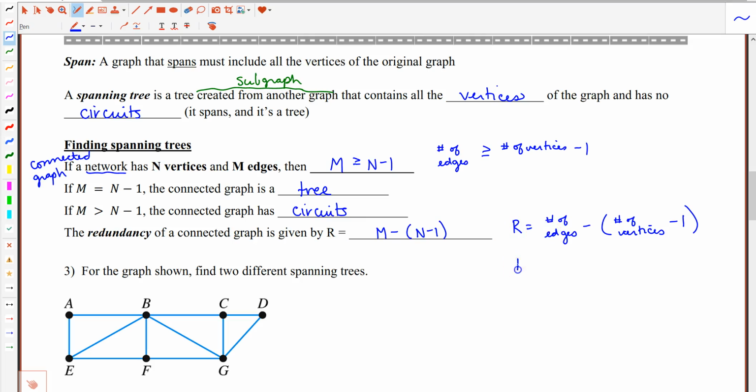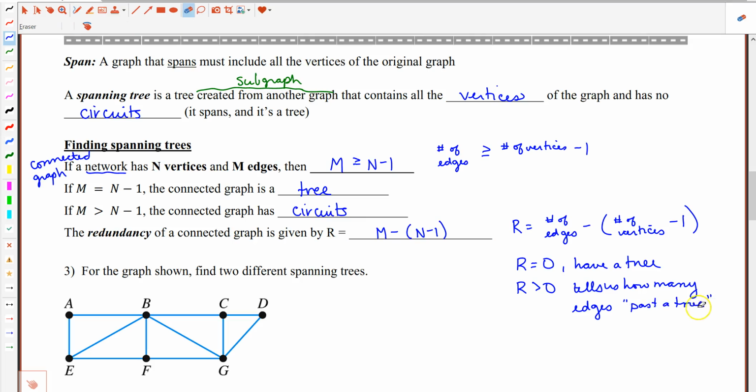So if you were to do this calculation, if the redundancy is equal to 0, then that means you would have a tree. If the redundancy is greater than 0, then what this calculation tells us is how many edges, quote-unquote, past a tree we are.